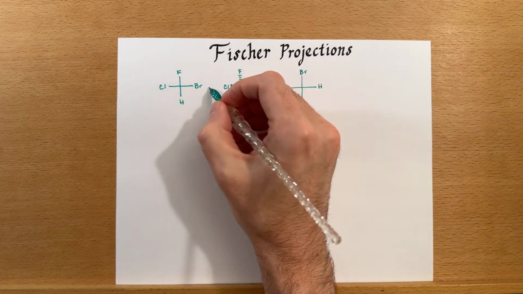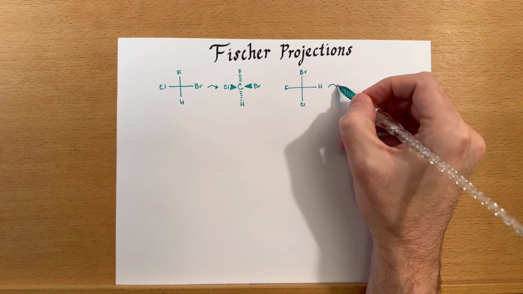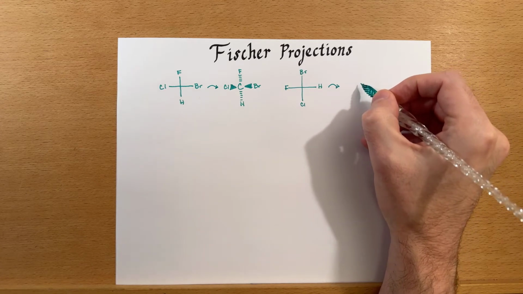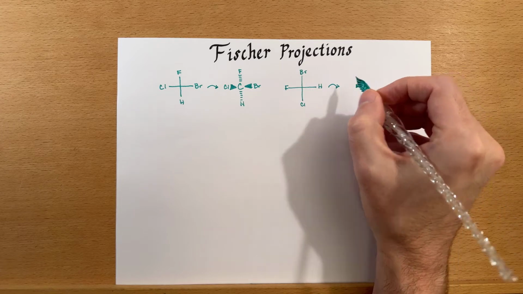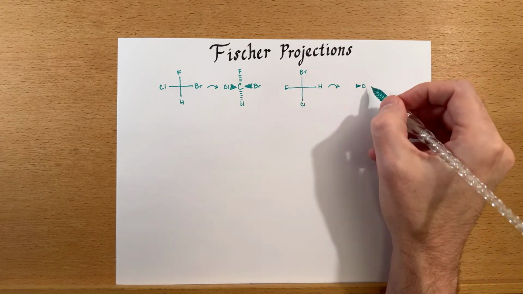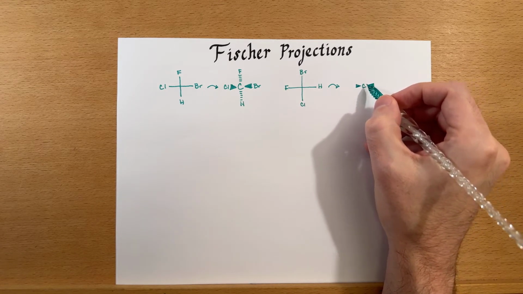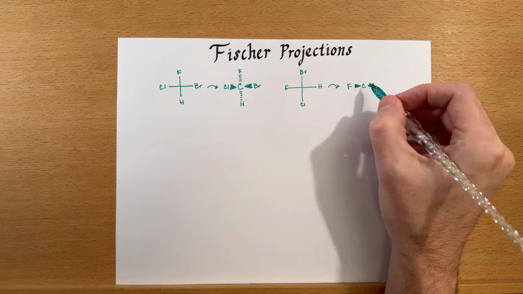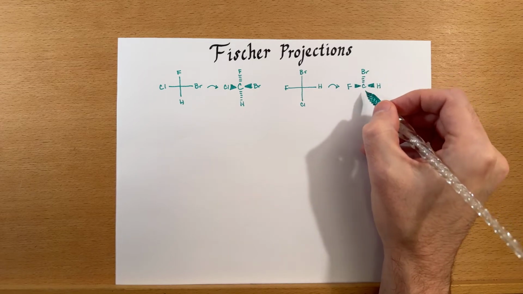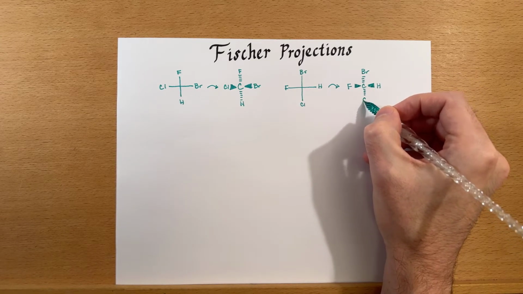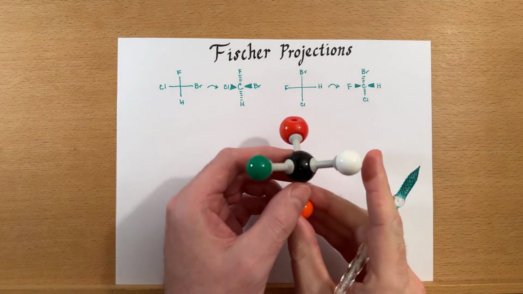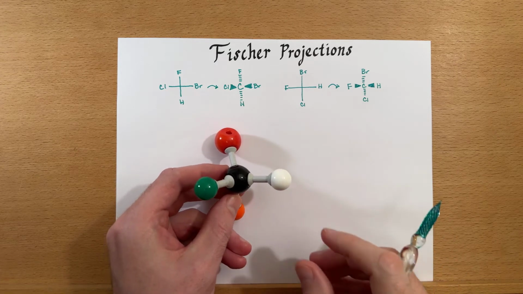If I write that in the wedge and dash notation, because now the fluorine is in the horizontal or left and right positions, that's where the wedges go. And now the bromine and the chlorine are below. That corresponds to this model right here.